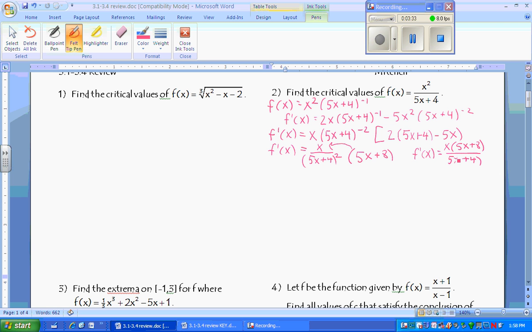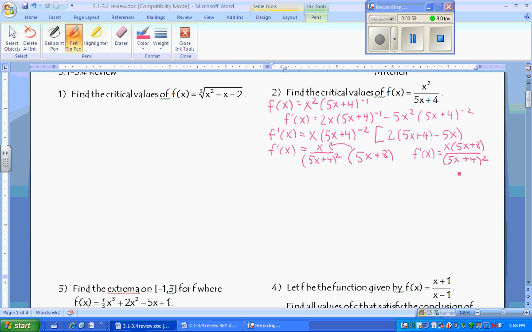And because the 5x plus 4 squared is in the original denominator too, you don't have to set the bottom equal to 0, since it's not in the domain. When you have the same denominator in the original and in your derivative answer, then you don't set the bottom equal to 0.